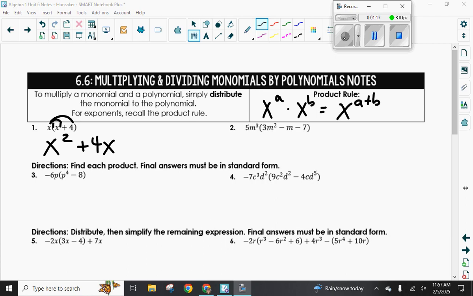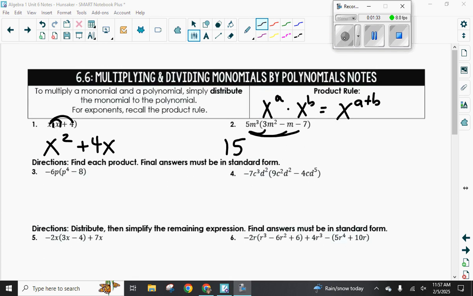So we're going to do the same thing for number 2. We're going to distribute. So you're going to multiply 5 times 3, which is 15. And then m to the third times m squared would be m to the what? Fifth. You add the exponents. That's the product rule.